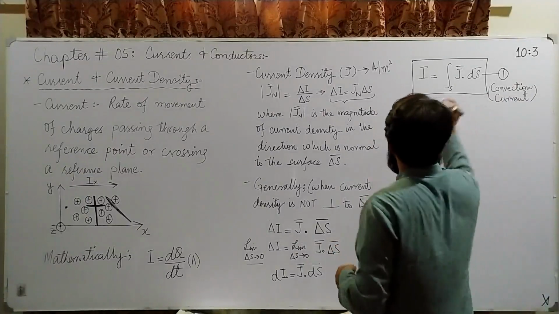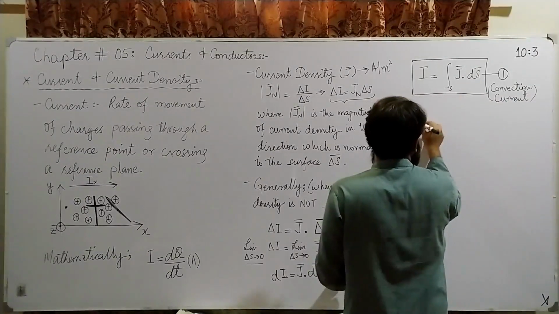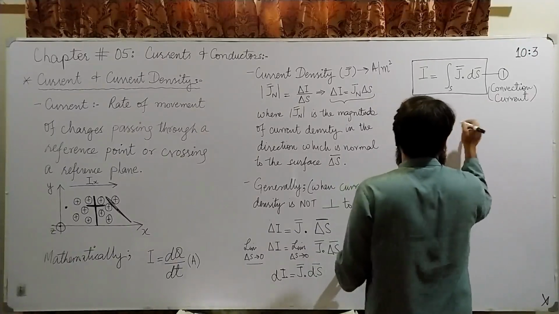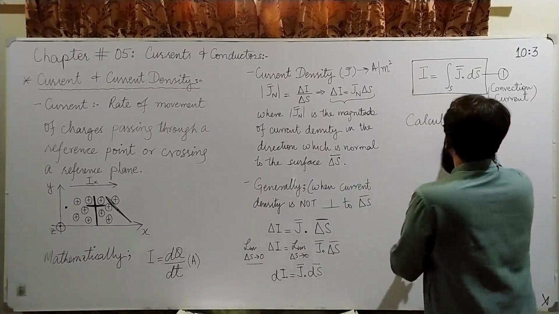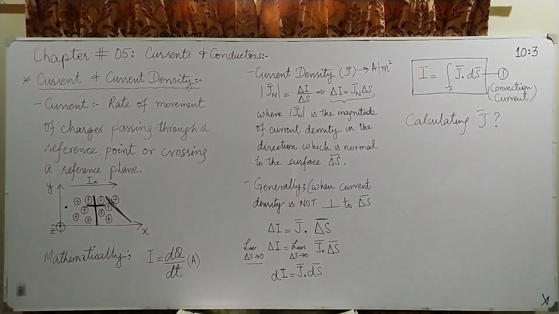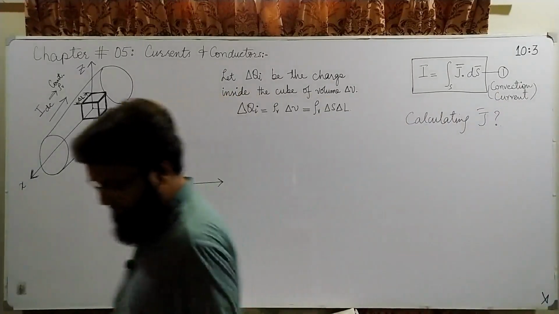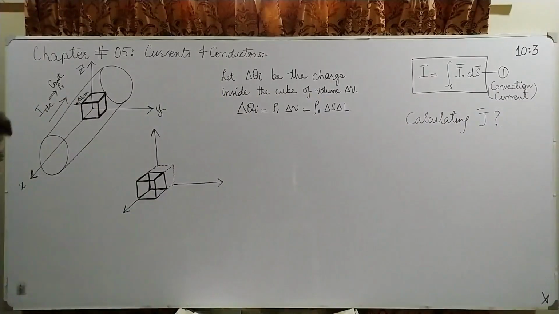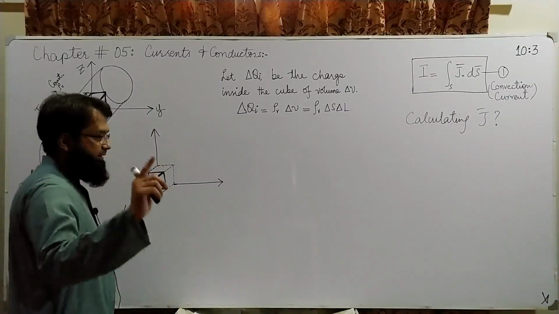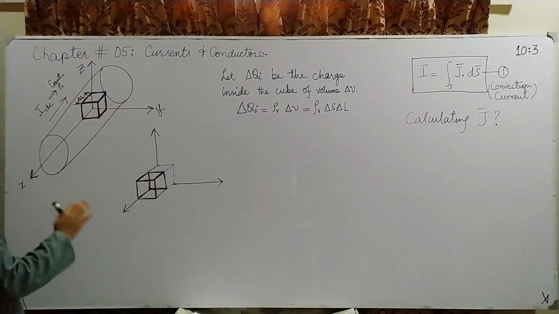So how to calculate this J? Calculating J is something which remains so far, so let's try to discover that. By the way, as a teaser, I told you before that J, the current density, should depend on the direction of movement of charge.